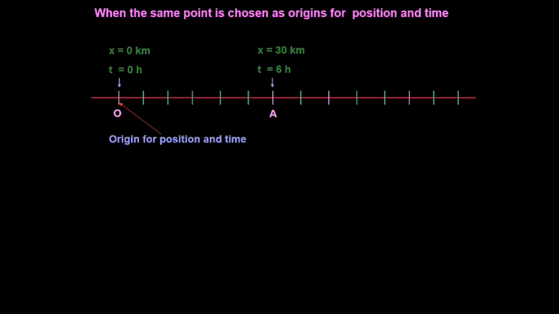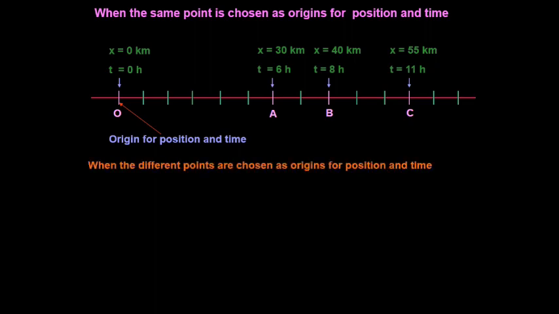That may be by cycling, it is very much possible to move 5 kilometers an hour. After 8 hours you have reached a distance of 40 kilometers. Another point you have reached is at t equal to 11 hours, 55 kilometers.